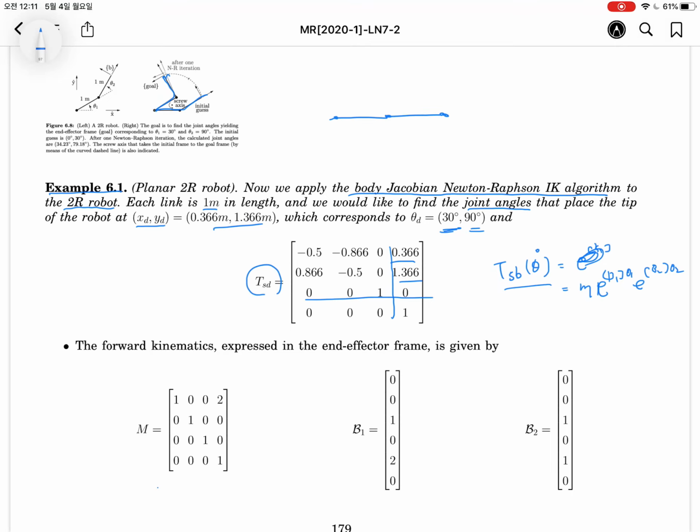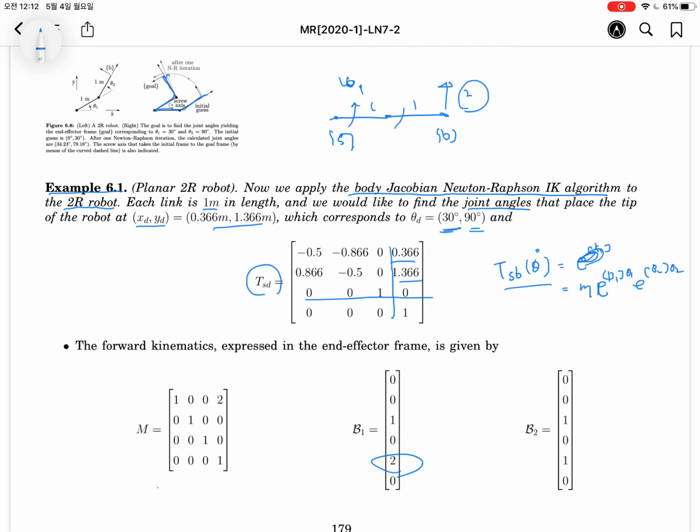Okay, the M is very easy because at the zero position, this is the B frame, this is the S frame, and if we apply theta 1, omega 1 as a unit magnitude, maybe it will move like this. This is 1 meter and 1 meter, so 2 in the y direction.